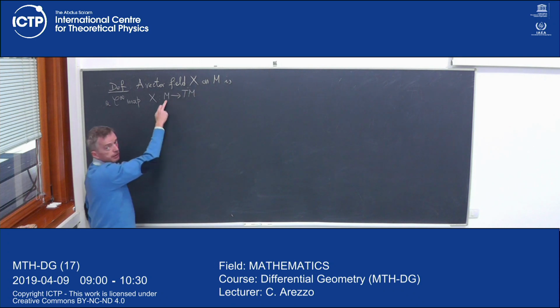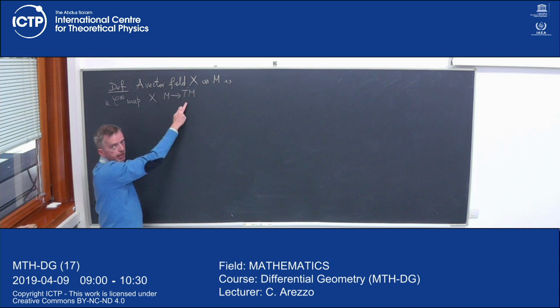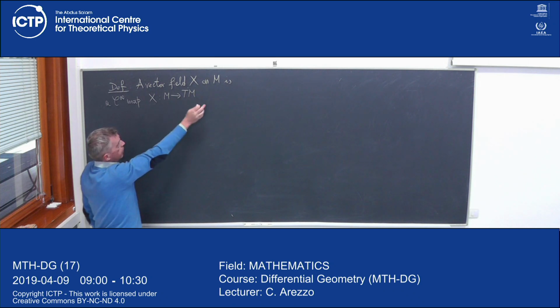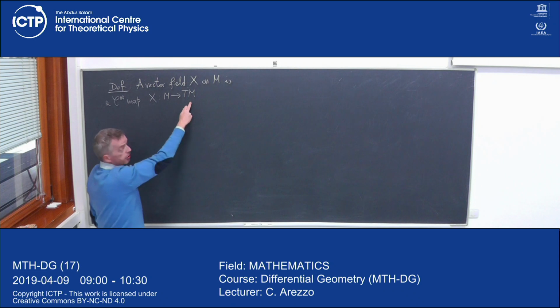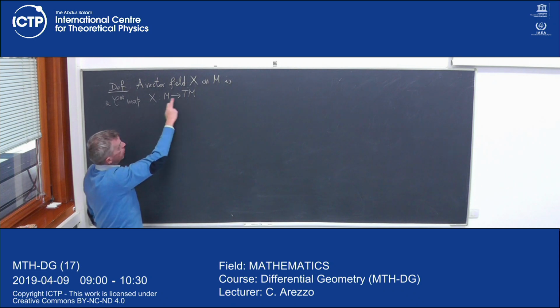This is a differentiable manifold, and so is this, so I know what it means to be a smooth map between these two things. In one shot, it's a smooth map, and then there is only one thing missing.